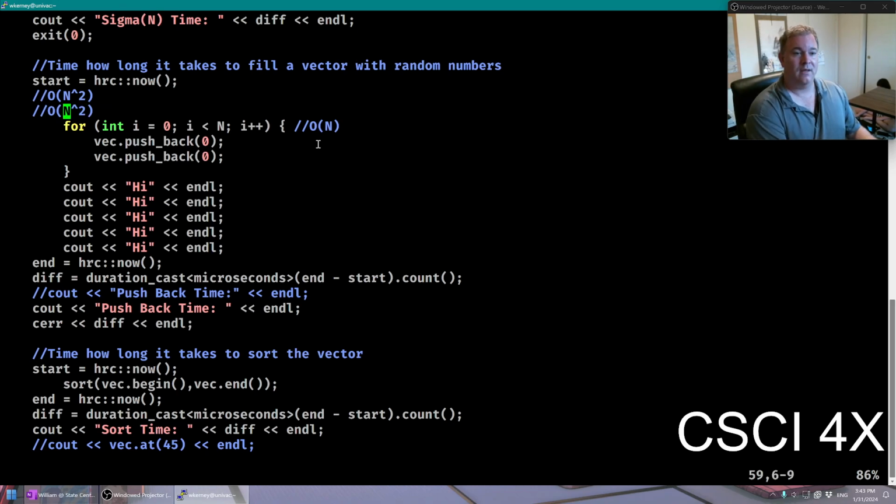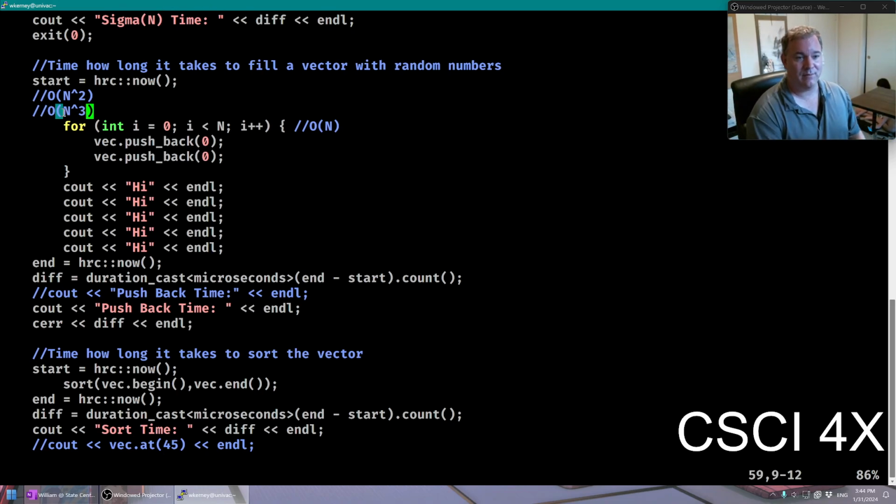Some people will also say, well, this is an order n cubed plus n squared algorithm. If it's order n cubed plus n squared, it's just order n cubed. You drop the least significant terms because they're irrelevant.